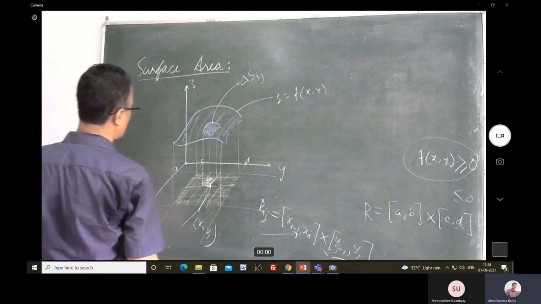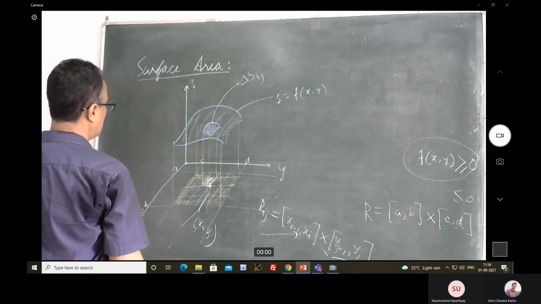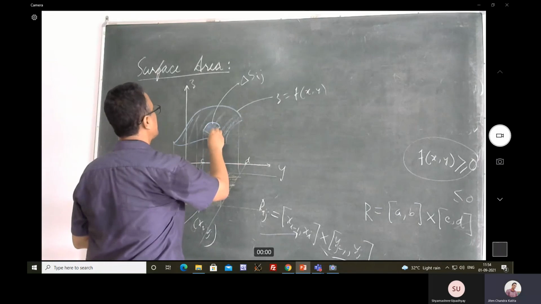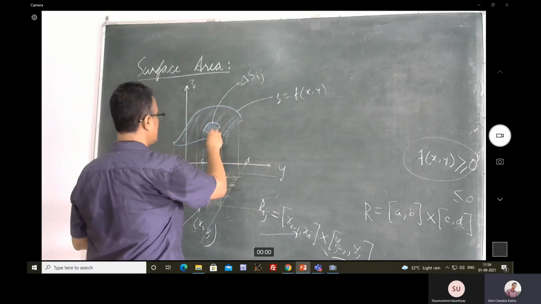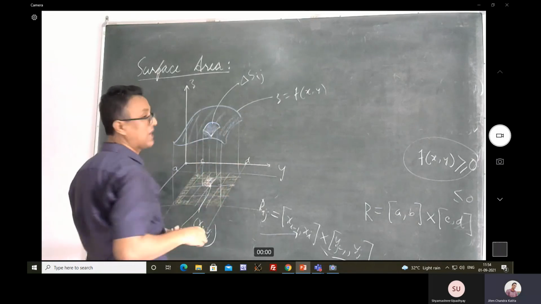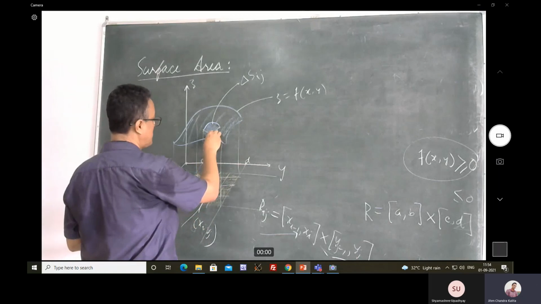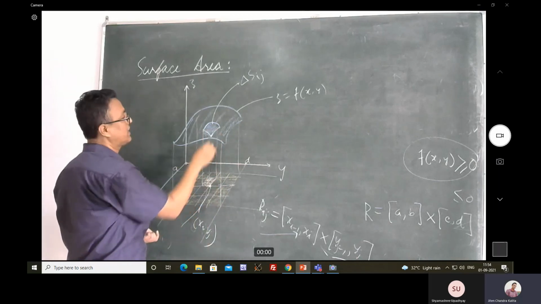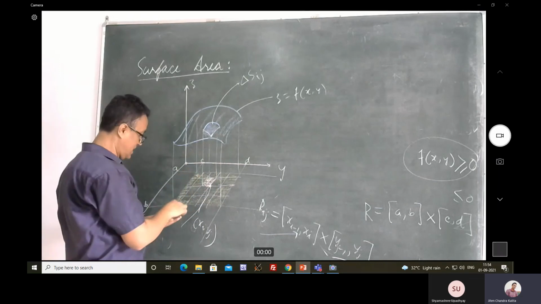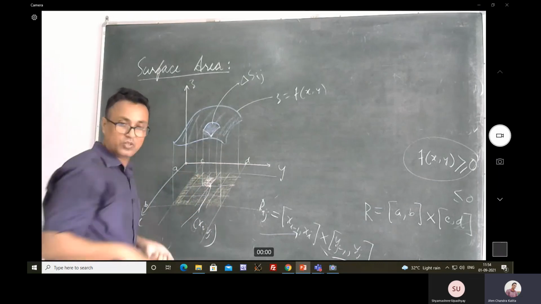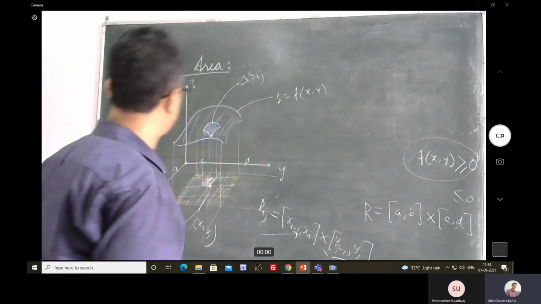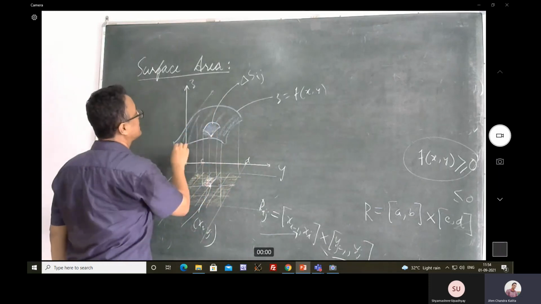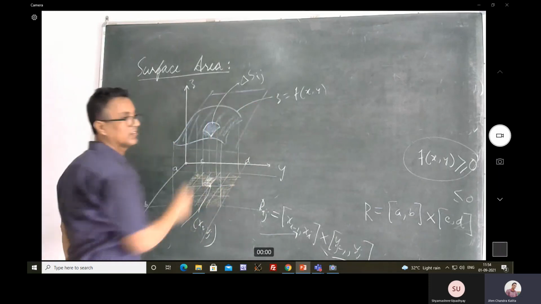So now, if I consider a tangent plane to the point x_i comma y_j, so then what is it going to do? Then I am going to get a tangent plane like this.